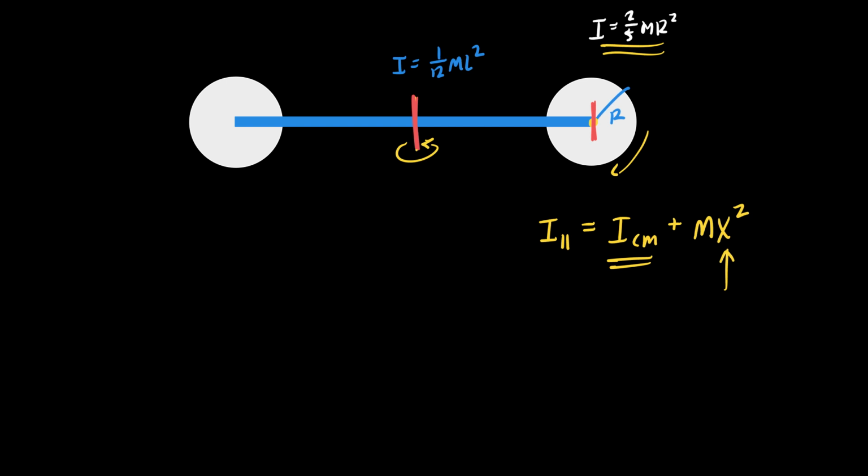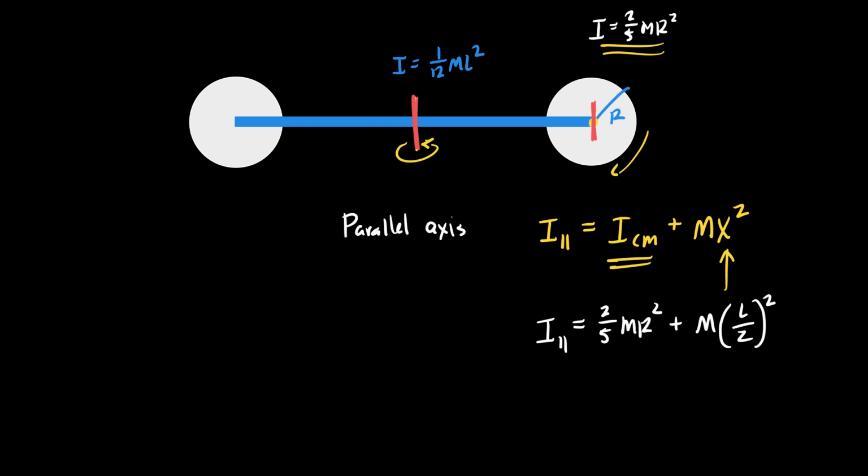If I wanted to find the new moment of inertia for a sphere that's being rotated a distance L/2 away from its center, this would be the new moment of inertia. This is called the parallel axis theorem. It allows you to shift the moment of inertia to any parallel axis.